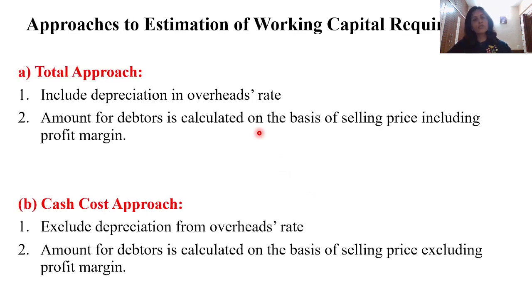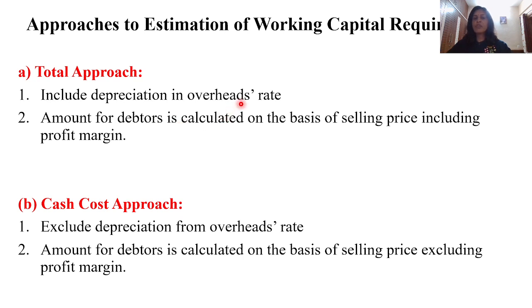Now there are two methods with which we can estimate the working capital requirements. These two approaches are known as total approach method and cash cost approach method. Approach means how we are going to consider it. When we are talking about total approach method, there are 2 points that we have to keep in mind.